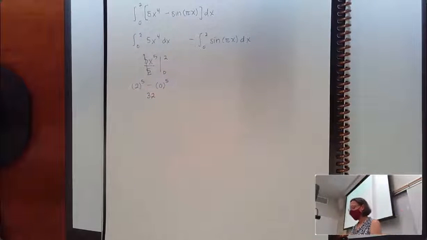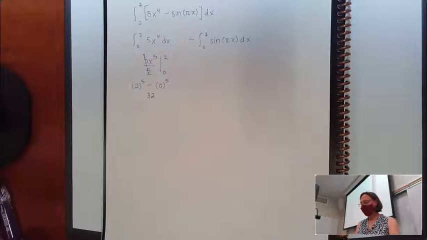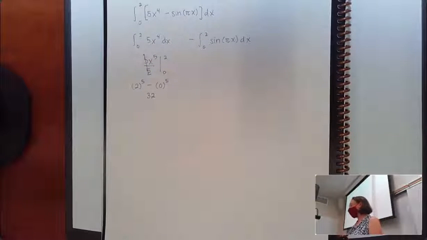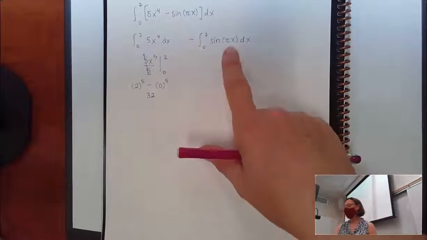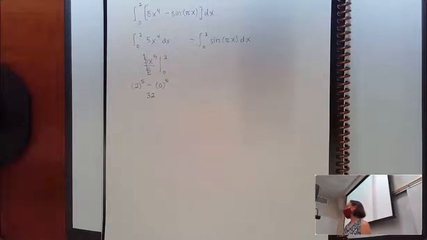Now on the trig part, we've got options. One option is to do a U substitution. The other option is to just remember the pi as a number. So if that said 3x inside, then when we take the antiderivative, we would divide by 3. So we're just going to divide by the pi.